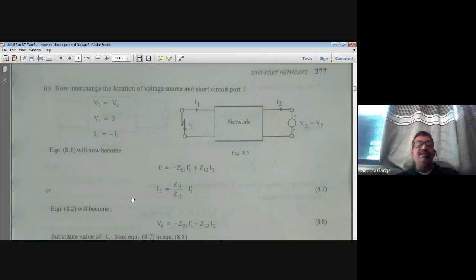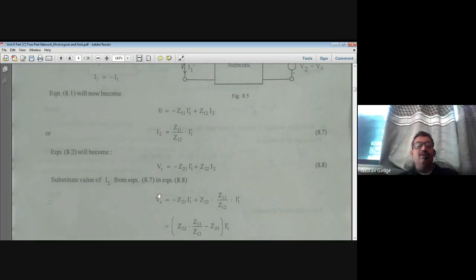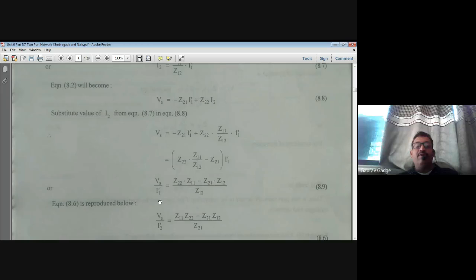Again, by putting these three conditions in the previous equations, what you get is this, and therefore you are forming the equation for I2, that is 8.7. Put it in the second equation, what you get is 8.8. Now put 8.7 in 8.8, you get the value Vs upon I1 dash. Vs is input voltage, and I1 dash is again the short circuited output current.